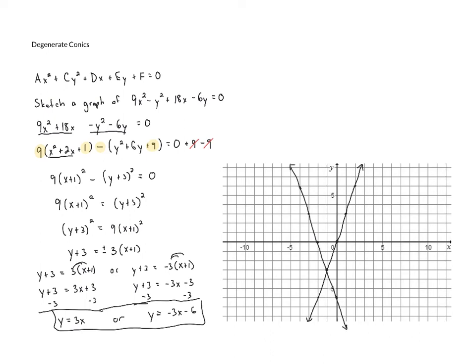Now I know it seems weird that our graph ends up being two lines, but remember, when we had a regular hyperbola, we started off by drawing two lines that the hyperbola was asymptotic to, and we had that central box that we would start drawing from to get closer and closer to those lines. Because we have this 0 here, effectively what it means is that the central box has no area.